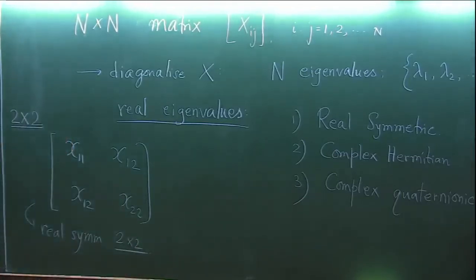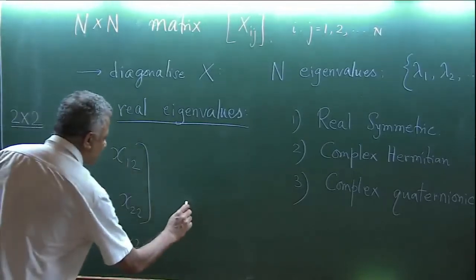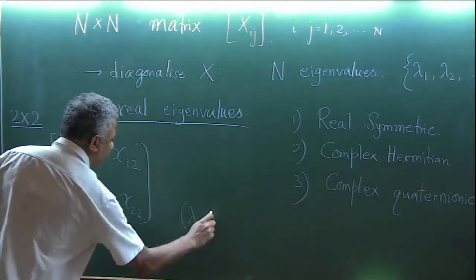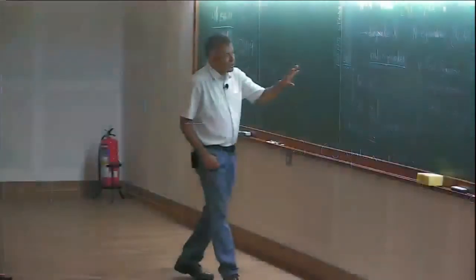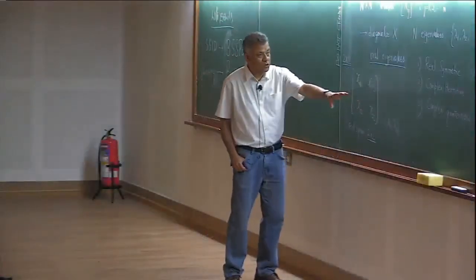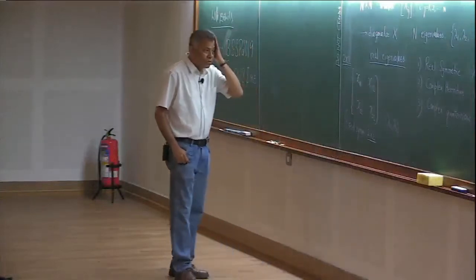It has 2 eigenvalues, clearly, lambda 1 and lambda 2. If you change the matrix entries and diagonalize again, you get 2 different eigenvalues. Every time you diagonalize, you get a different set of numbers. Each realization of such a matrix gives rise to a certain set of eigenvalues.